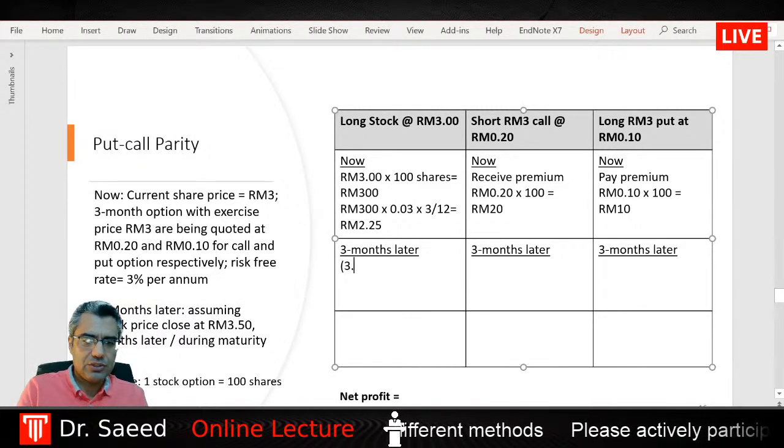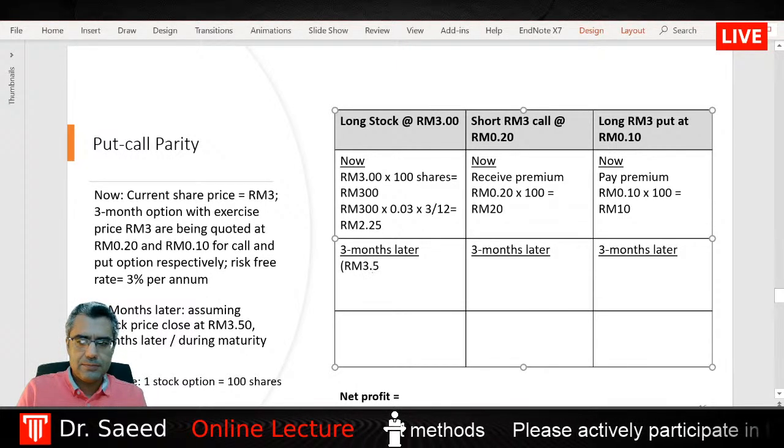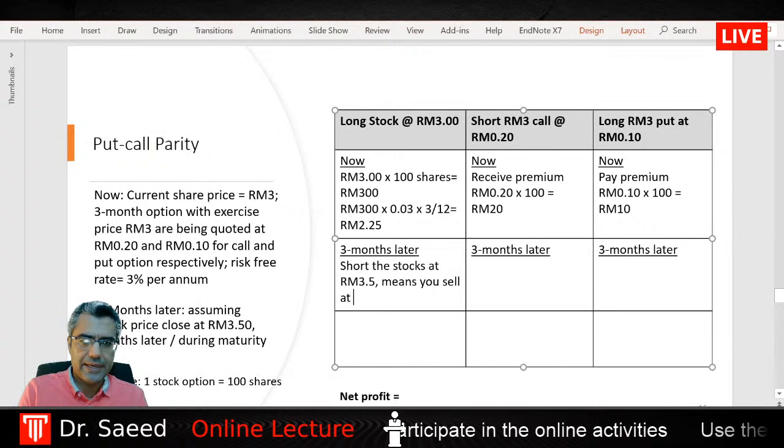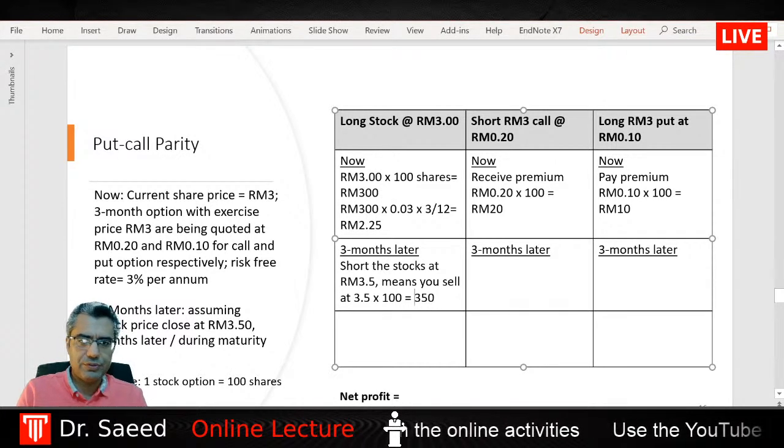So I can sell it at 3.5 ringgit. It was long stock, now short the stocks at 3.5 ringgit. This means that you can sell at 3.5 ringgit multiplied by 100 means 350 ringgit.